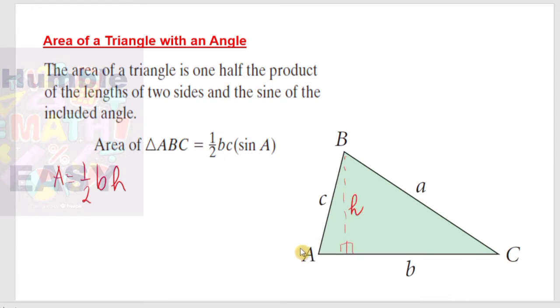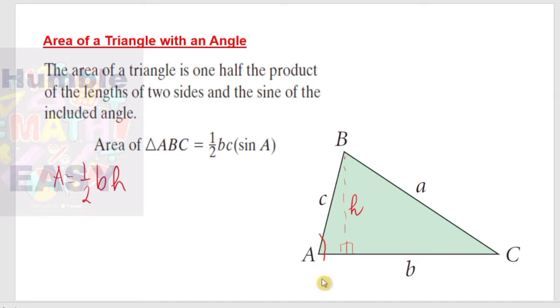So for us to be able to identify further, this is our angle A. Accordingly, in the trigonometry concept, for this angle A, the side H is the opposite of angle A, and side C is the hypotenuse.